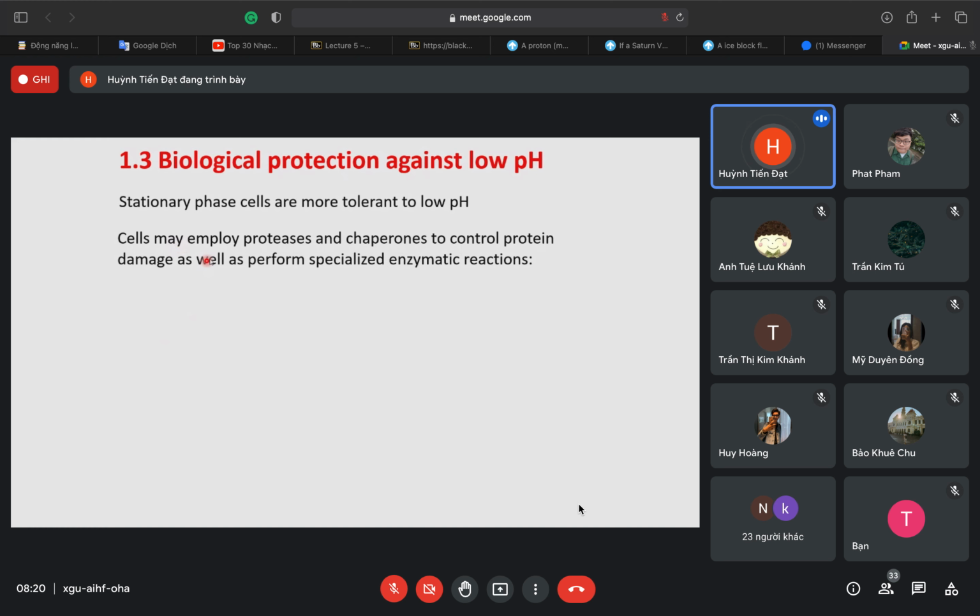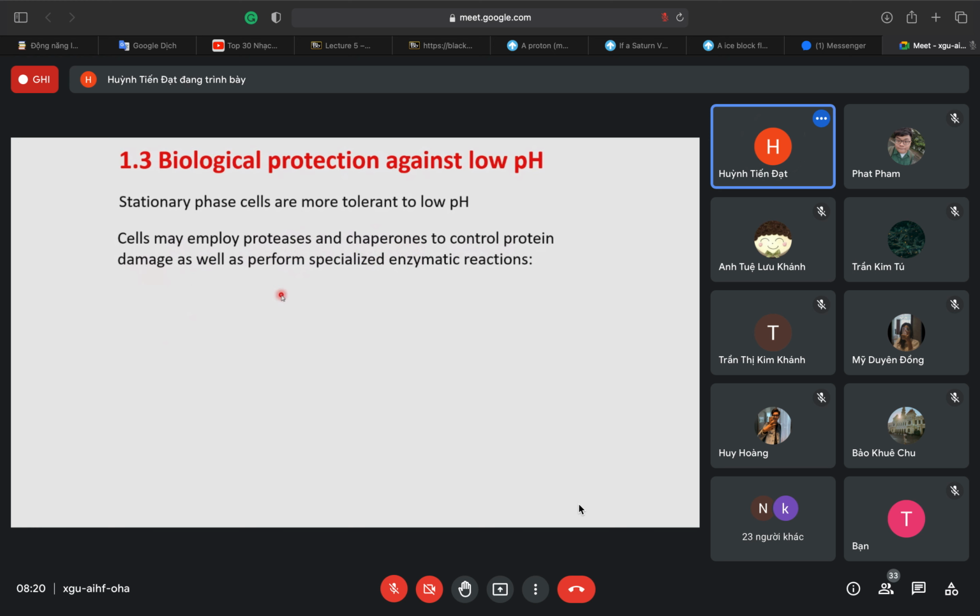Okay, cells may employ proteases, some proteinases, and then chaperones. This is one kind of making a mold that helps the proteins fold in the proper way, so they can control the protein damage. We already know about this in the heat shock.